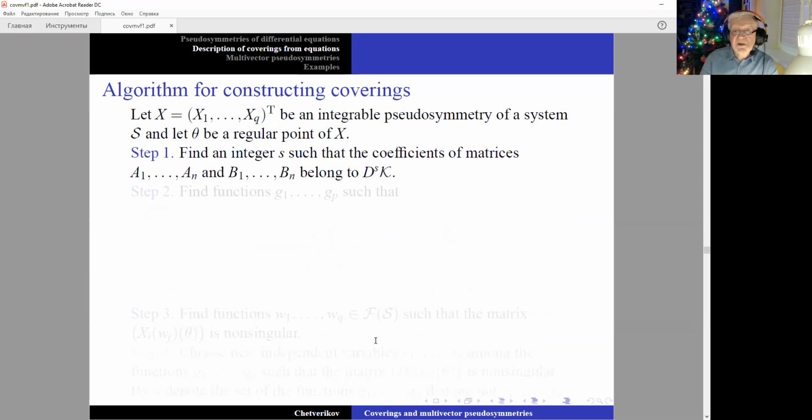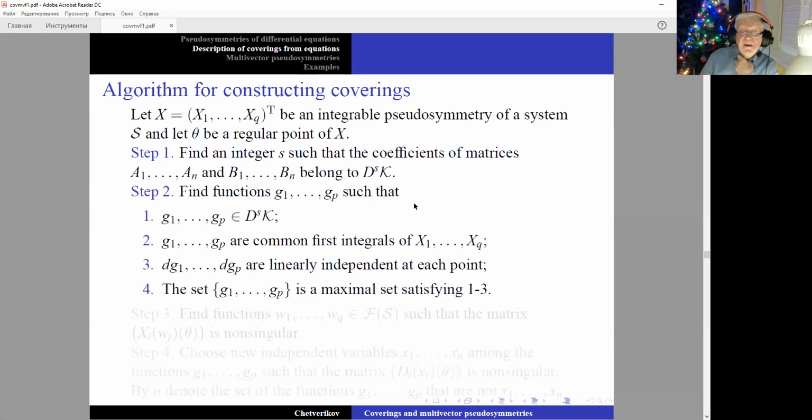Let X be an integrable pseudosymmetry of a system S, and let theta be a regular point of X. Step 1, find an integer s such that the coefficients of these matrices belong to D^s K. K is the ring from the definition of integrable pseudosymmetry.